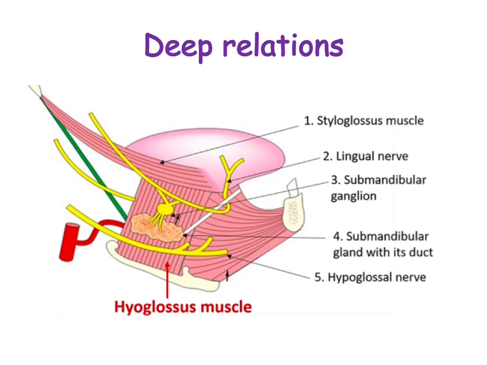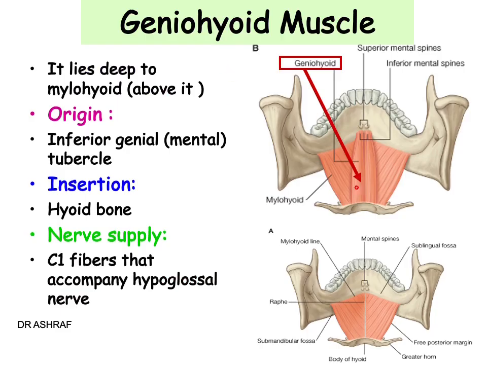Let's see next the geniohyoid muscle. The geniohyoid muscle is that small muscle that comes from the genial tubercles in the midline, what's called the inferior genial tubercles, since the superior one is going to give the genioglossus, the inferior one giving the geniohyoid. The muscle sweeps back and below to be attached to the hyoid bone.